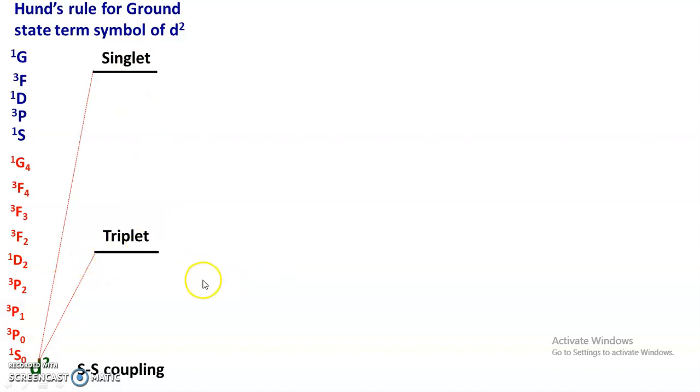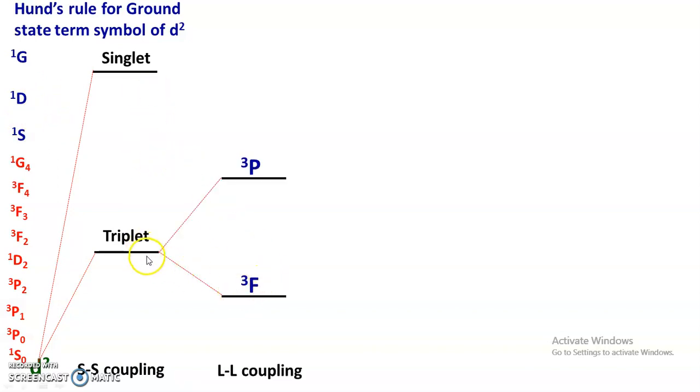Now in triplet there are two terms, 3F and 3P, and according to the second rule, for a given multiplicity, the term or state with highest L value is the most stable. So out of 3F and 3P, 3F will be most stable. For the F term, the L value is highest, and for 3P it is lowest.